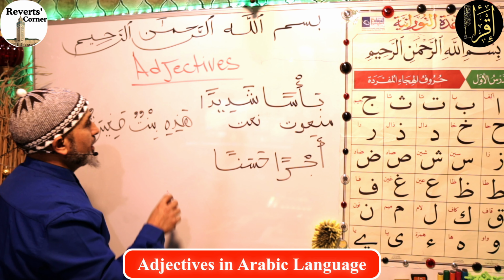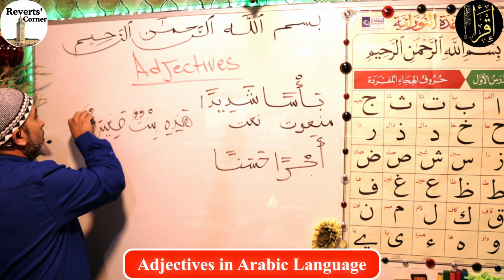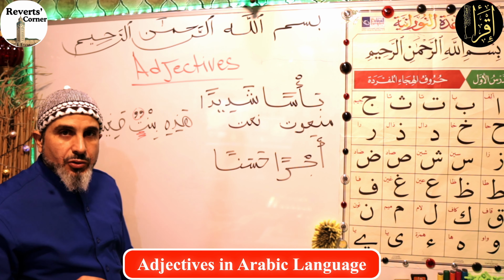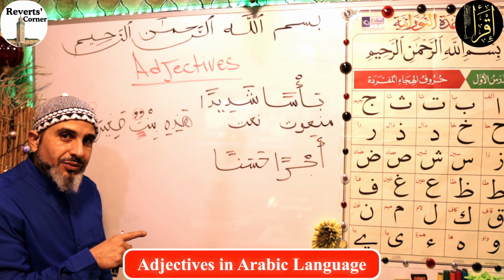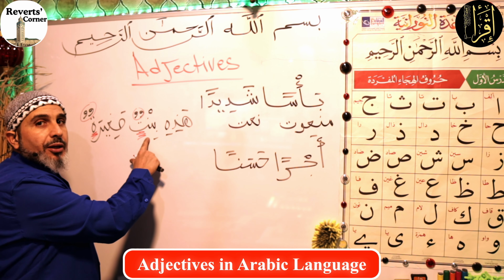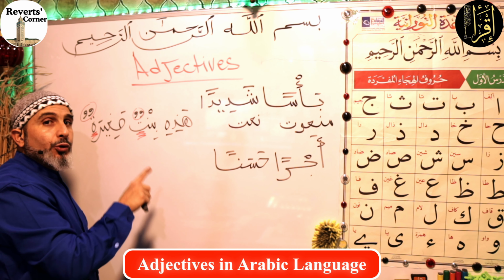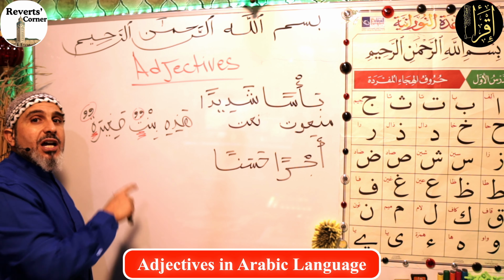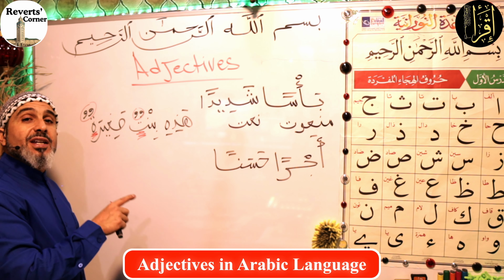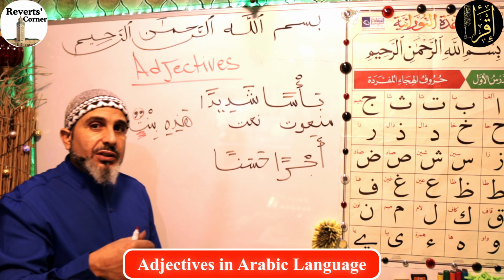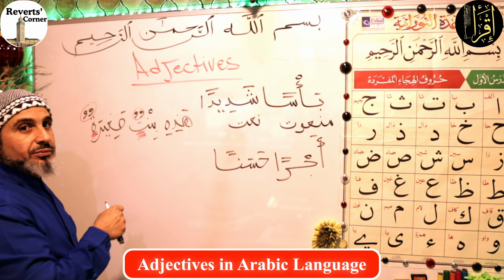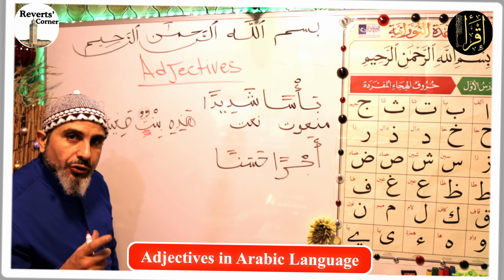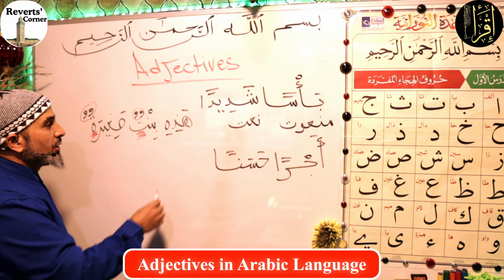All right. هذه بنت صغيرة. بنت is the noun being described, the منعوت, the موصوف. صغيرة is an adjective, the نعت, the word that describes the bint. You follow me? Right?